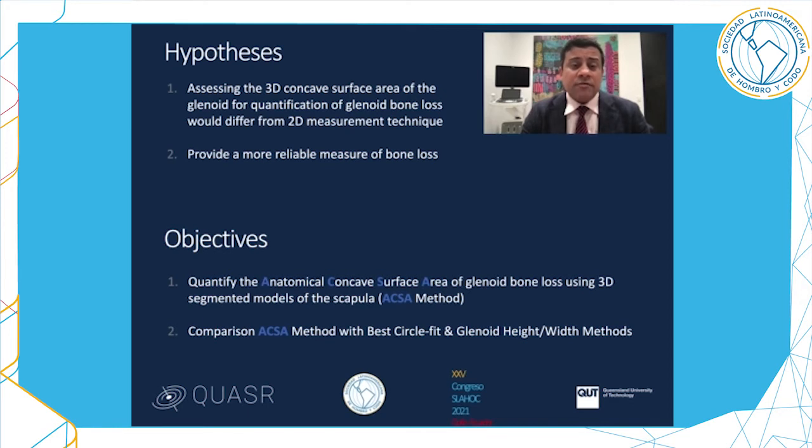The objective of the study was to quantify the anatomical concave surface area of glenoid bone loss using 3D segmented models. We call this the AXA method, and compare the AXA method to the best circle fit and the glenoid height width methods, which is what is clinically used.